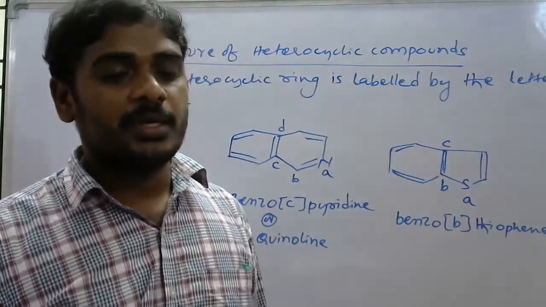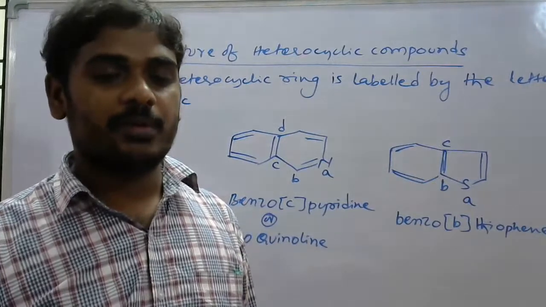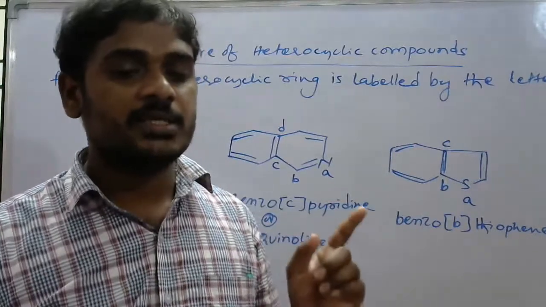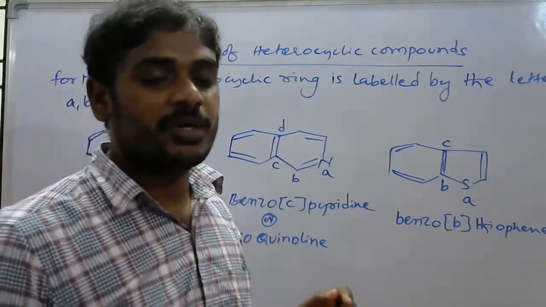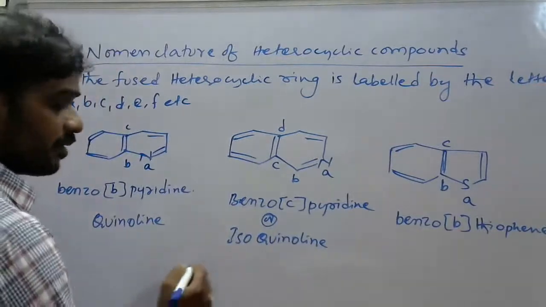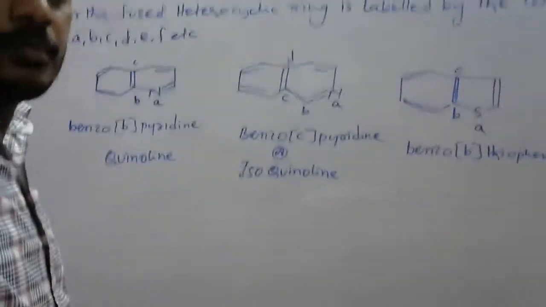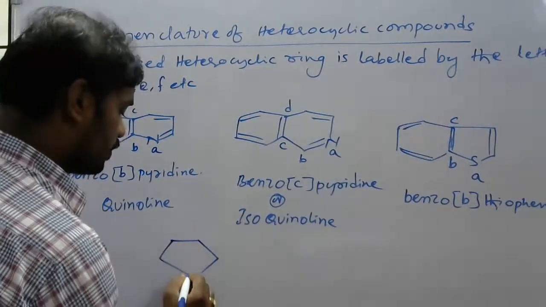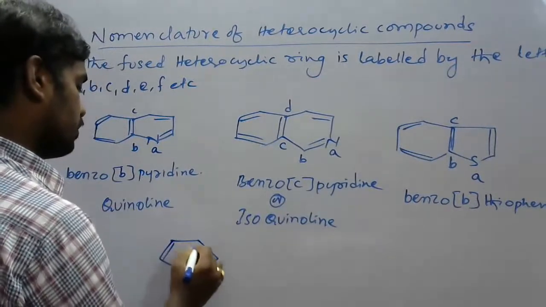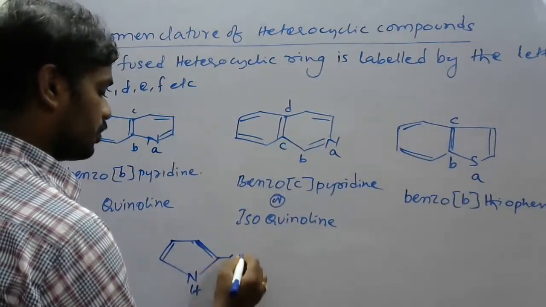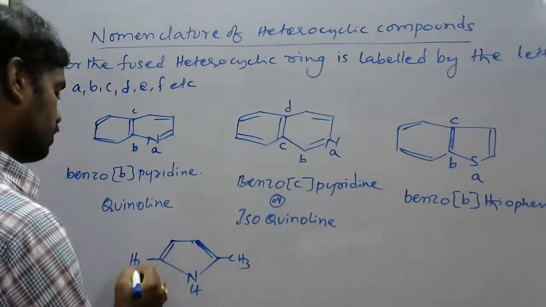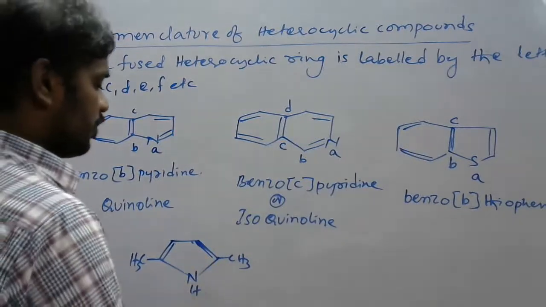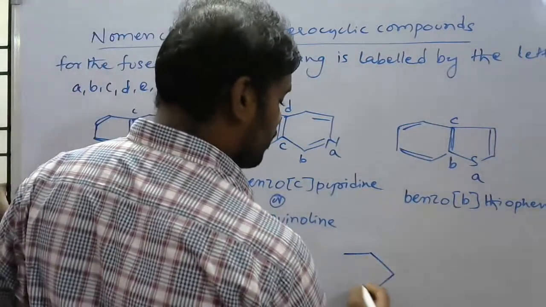In a heterocyclic ring, numbering is preferentially given starting from the heteroatom which is saturated. For example, take one molecule with substituents, and one more molecule.